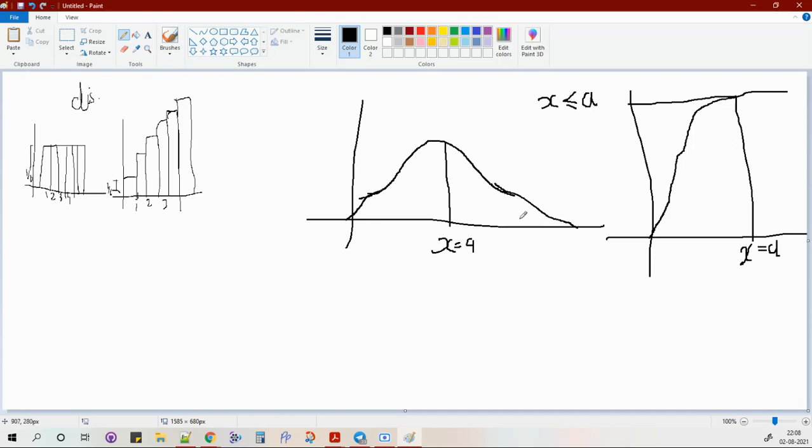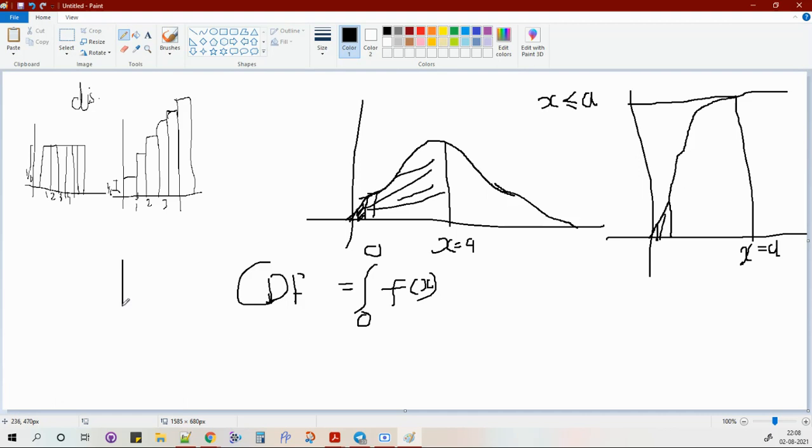So first I will take some small area, then more small area, so this area sums up to here. Then one more area, it sums up to here. So basically I'm taking integration over 0 to a for the given PDF value f of x. This is nothing but my CDF, or you can say capital F of x less than or equal to a.